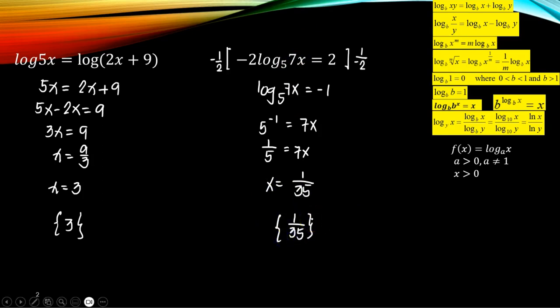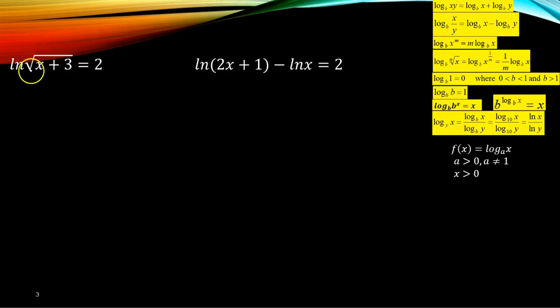Let's go to the next problem. Here you have ln. So maybe here we can do the transformations immediately. So e squared is simply the square root of x plus 3. And then we need the x there, so let's raise both sides by 2.